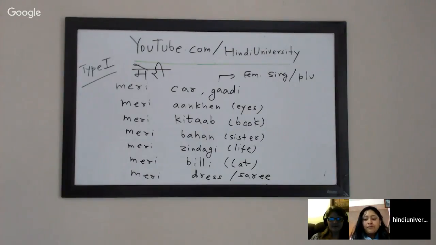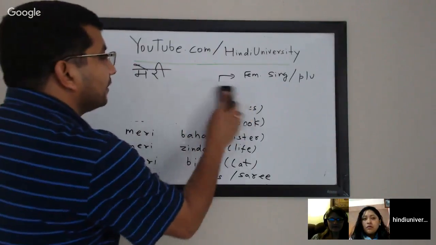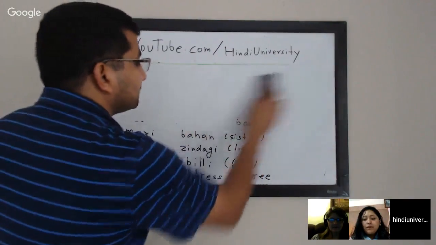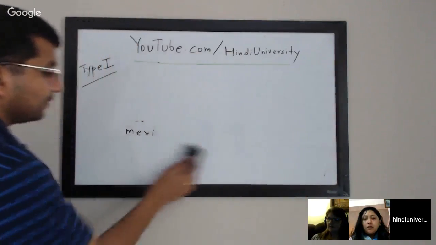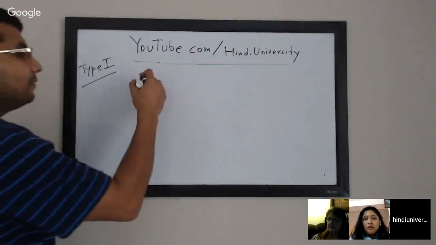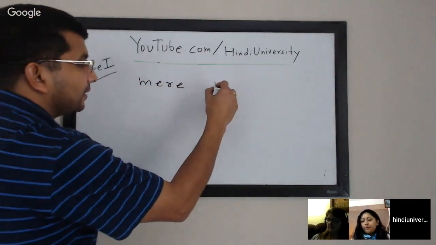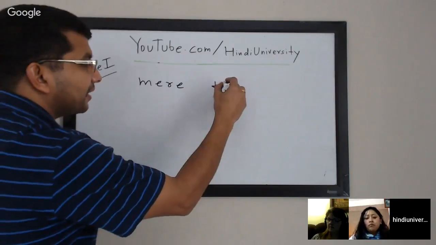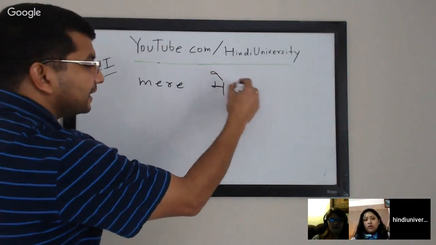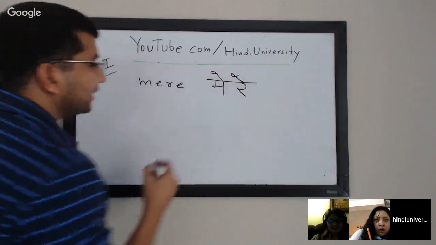Now we'll do one more and then we'll jump to type 2. Hopefully now we have a good set of scenarios here. Now let's look at mere. The way you write it in Devanagari, you have a ma with a, and then you have a ra with e. Mere.